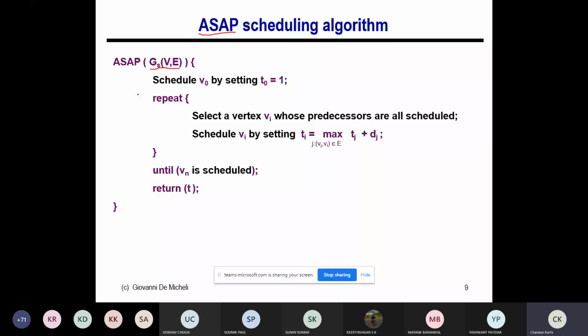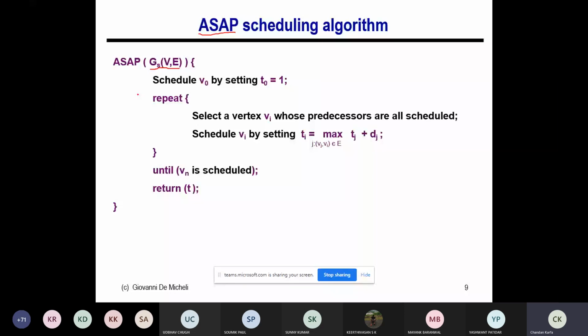Whenever a particular operation is schedulable, you schedule it. What does schedulable mean? It means all its predecessor operations, the operations on which it depends, are done. So whenever an operation becomes available to schedule, you schedule it. That's the idea.